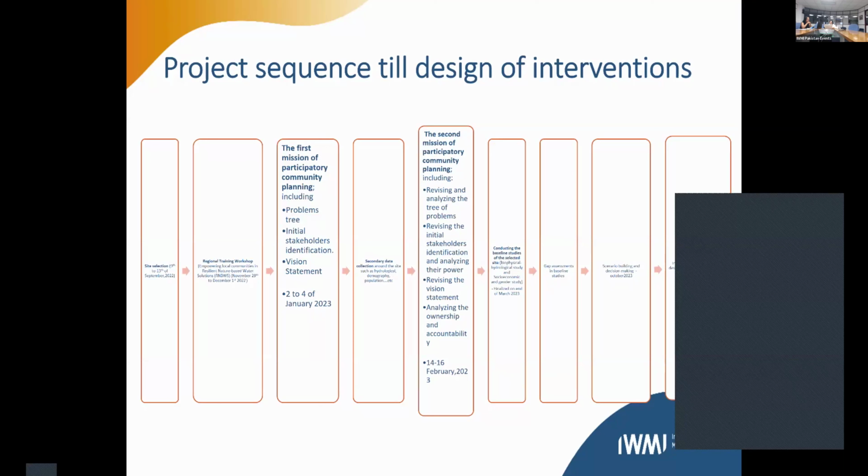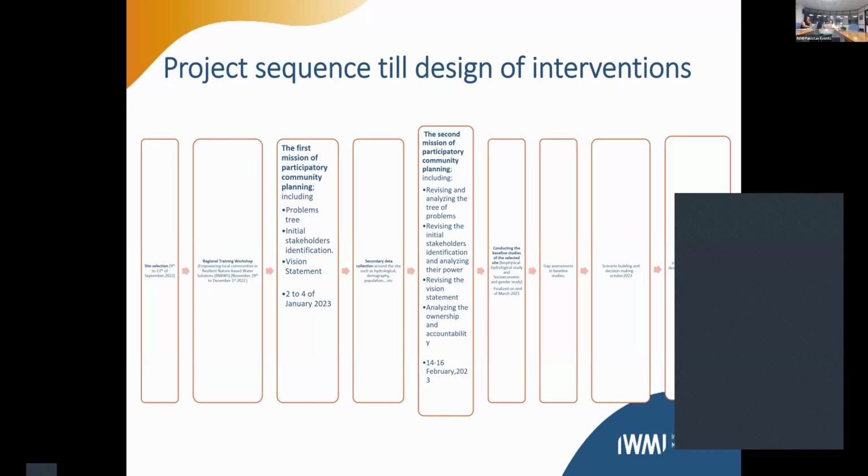Also, secondary data collection around the site, such as hydrological, demography, population, etc. And the second mission of participatory community planning, including revising and analyzing the tree of problems, revising the initial stakeholder identification and analyzing their power, and revising the vision statement, analyzing the ownership and accountability, between 14 to 16 February 2023.